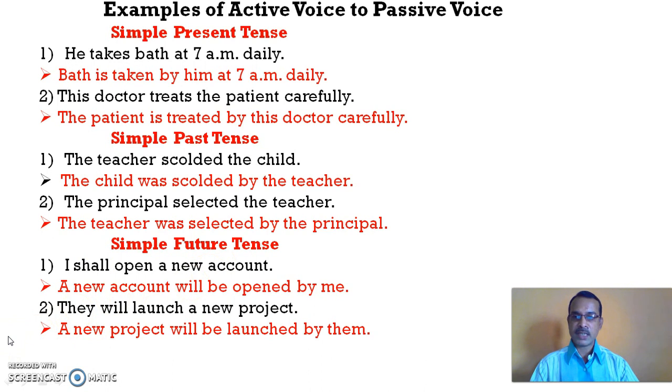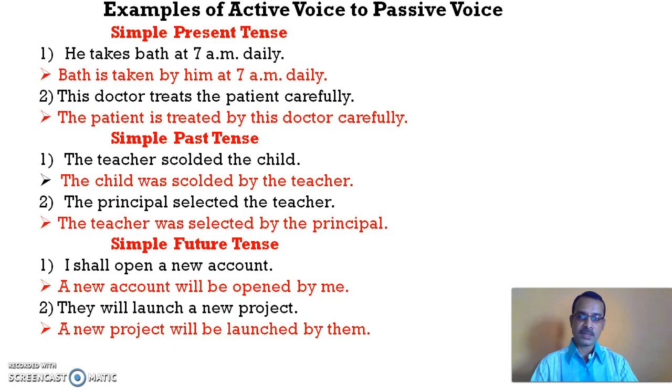Let me explain here that formal communication is always written in passive form. It is also called official language, and the language of science books is always written in passive form.